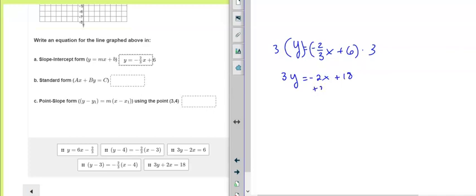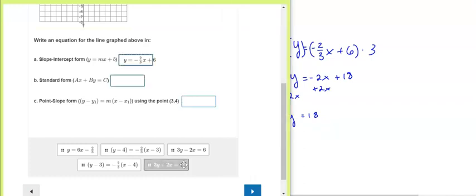And then we're going to move this 2x over. It's basically just moving things around to make it look like the standard form. And that's that right here. Well, the x and y are switched in mine, but I thought we had to have the x first. But anyway, that's that right there.